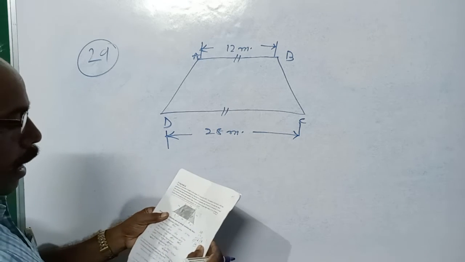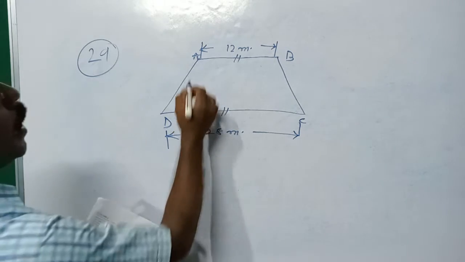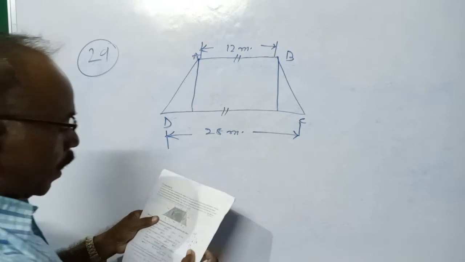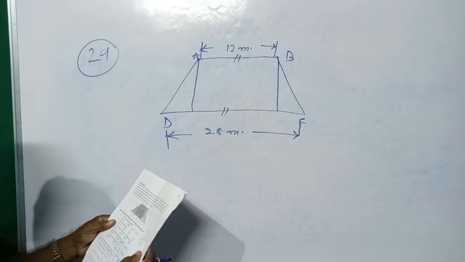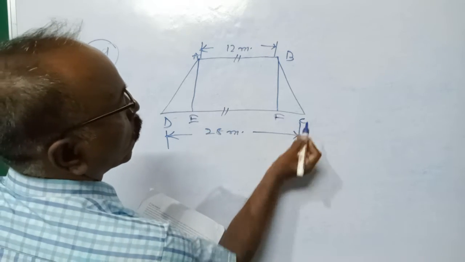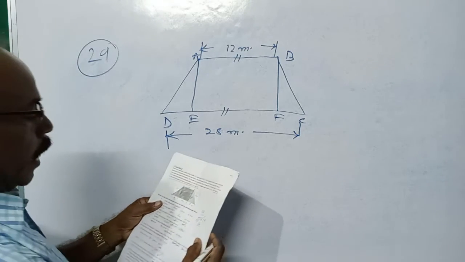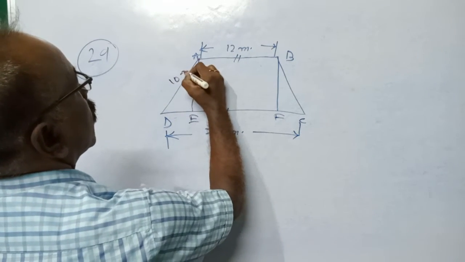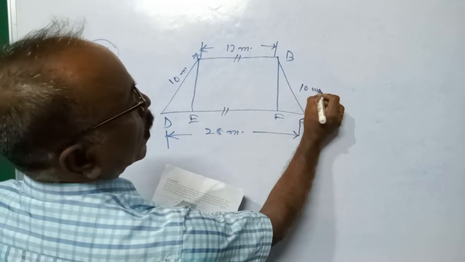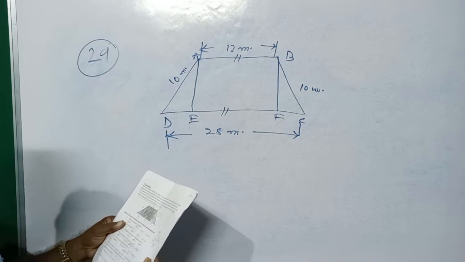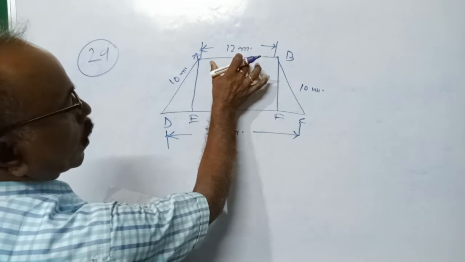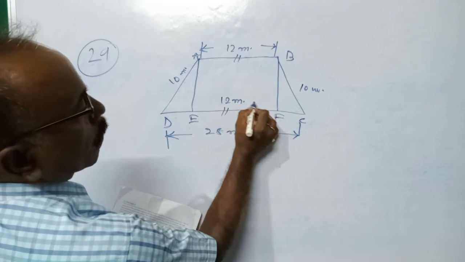Now AE and BF are two perpendicular lines from A and B upon DC at the points E and F. Now AD is equal to 10 meter, and BC is also equal to 10 meter. My dear student, you see this is 28, but this is 12 meter. This is 12 meter.